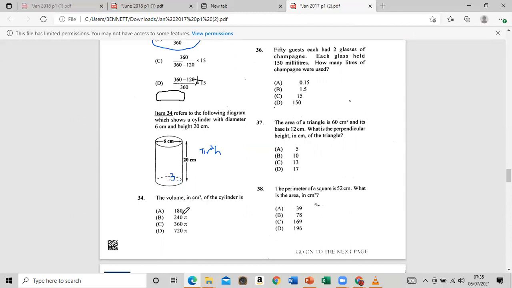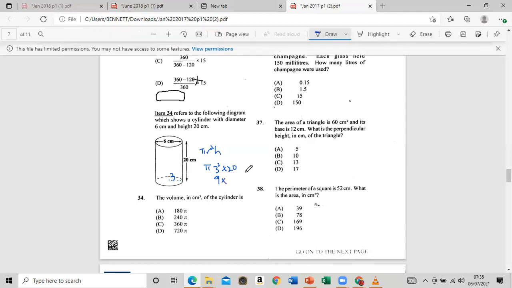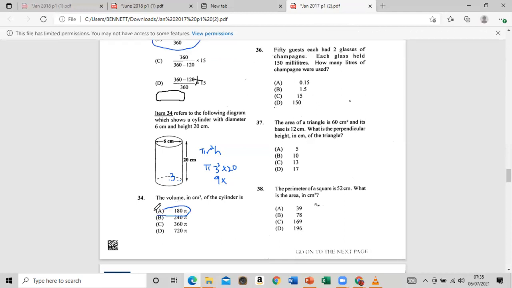So notice that it didn't work it out to pi, I'm going to leave pi. So pi times 3 square times 20. So 3 square is 9, 9 times 20 is 180. So it's 180 pi. Alright, now I'm going to further get the answer.